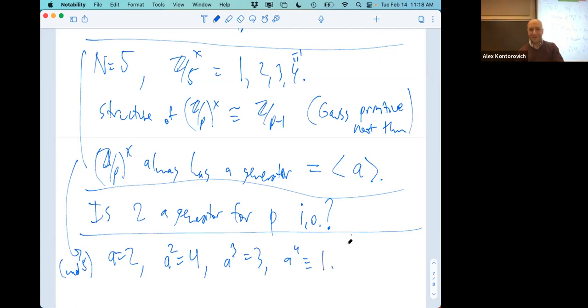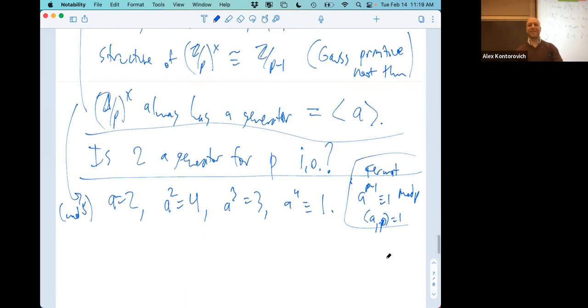In fact, remember, A to the P minus 1 is always 1 mod P as long as A and P are co-prime. This is Fermat's little theorem.